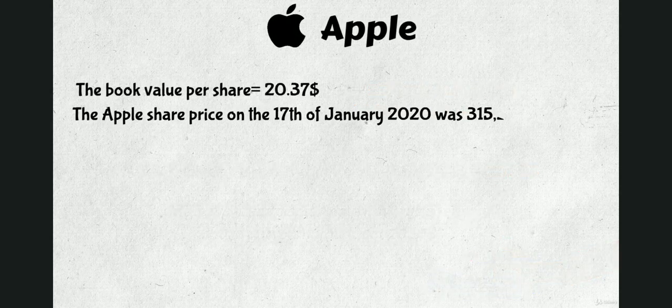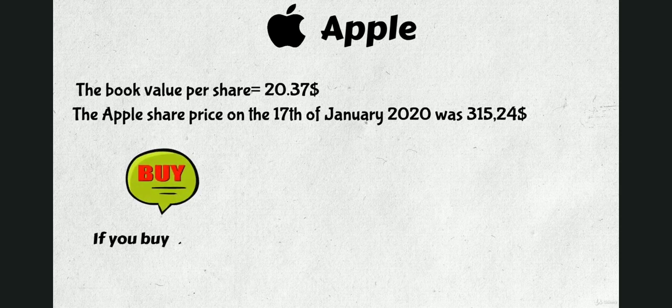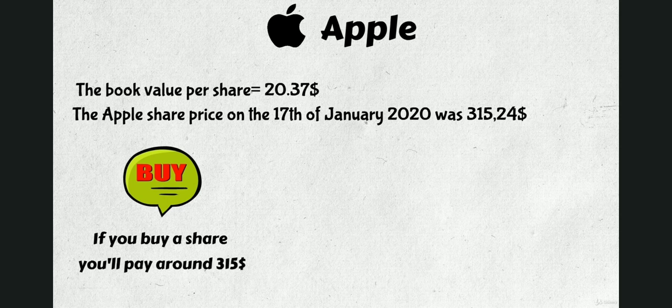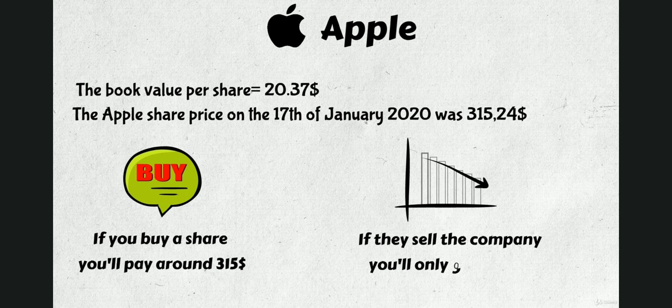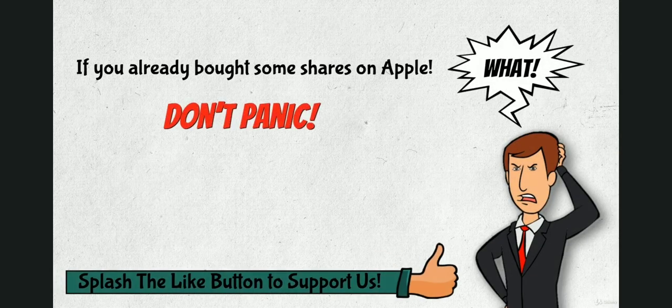The Apple share price on the 17th of January 2020 was $315.24. So this means if you buy a share, you'll pay around $315, but if a company went bankrupt and they wanted to sell it, you'd only get $20.37.